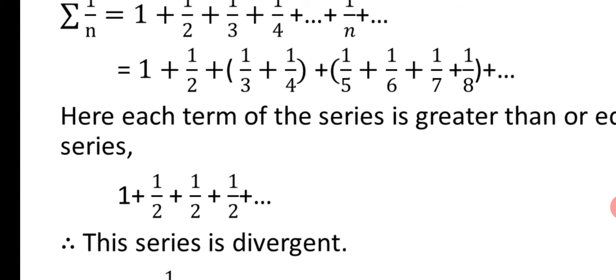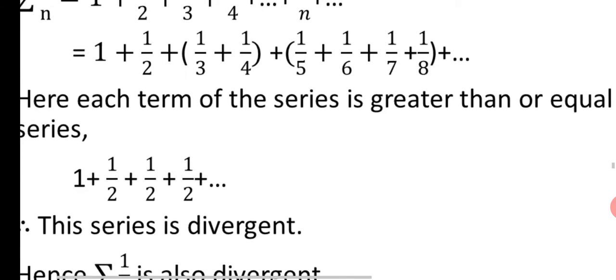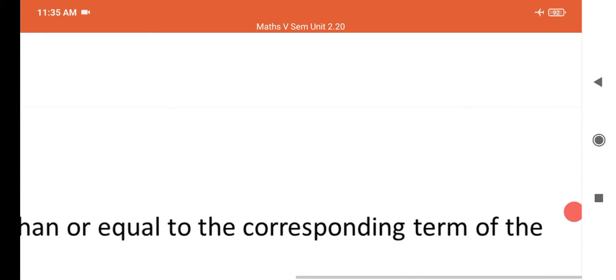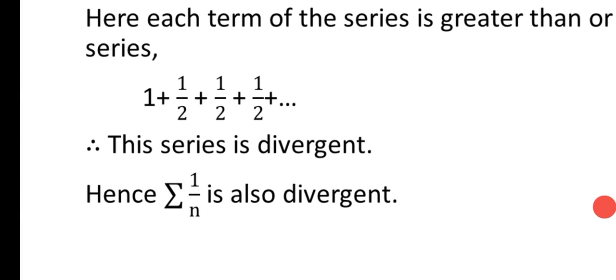Here, each term of the series is greater than or equal to the corresponding term of the series 1 plus 1 by 2 plus 1 by 2 plus 1 by 2 etc. Therefore, that series is divergent.